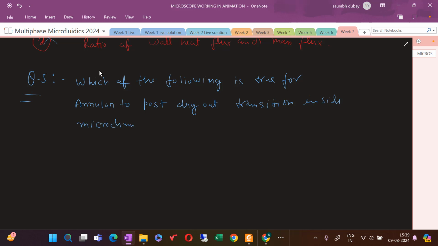Consider the flow regime map, like in flow boiling.